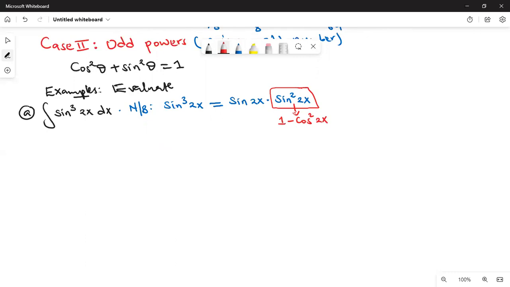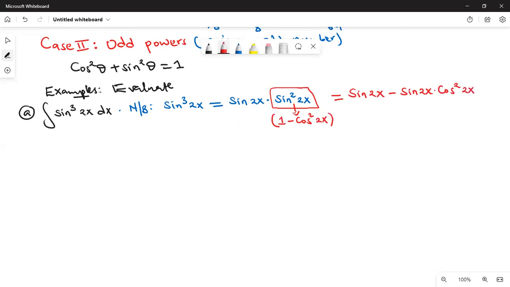And so when I multiply, I am going to get this to be equal to, remember this is in bracket, so sine 2x times everything here will give us sine 2x minus sine 2x times cosine squared of 2x.